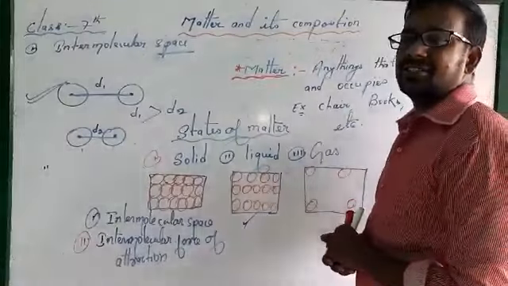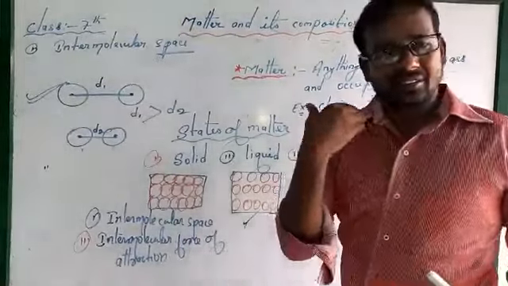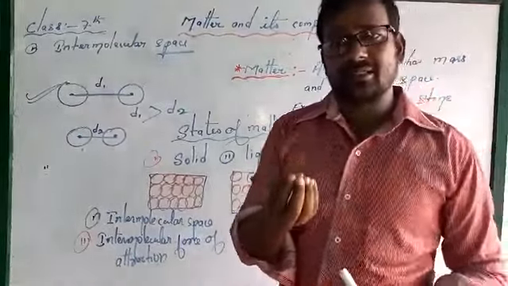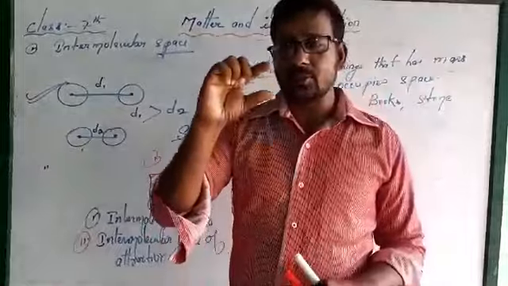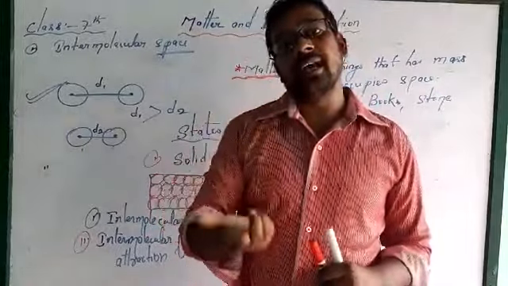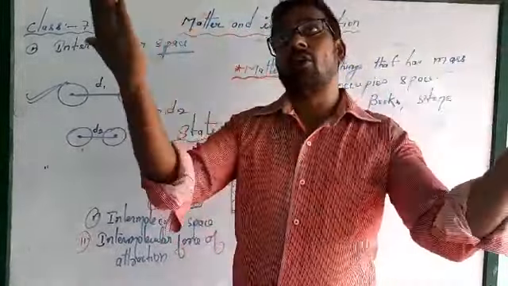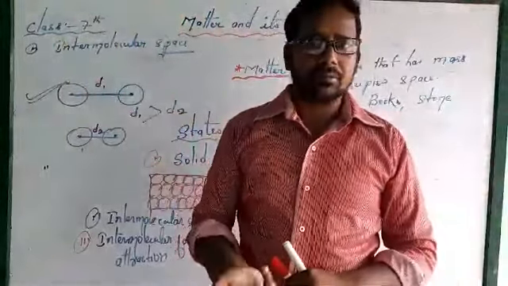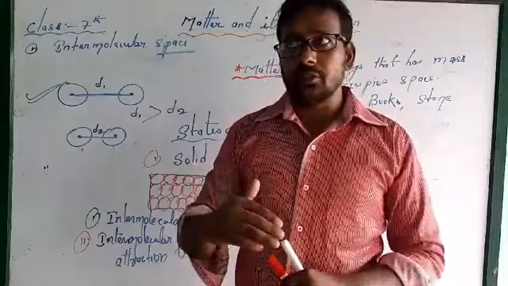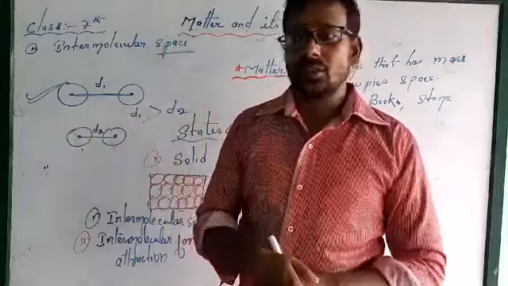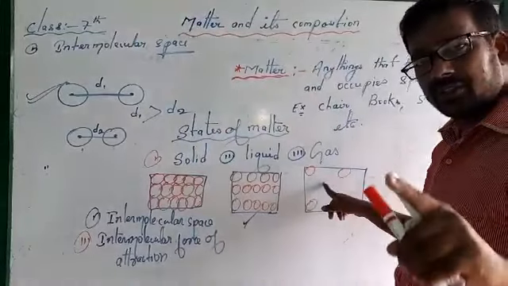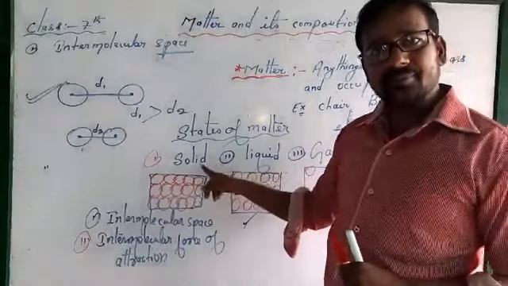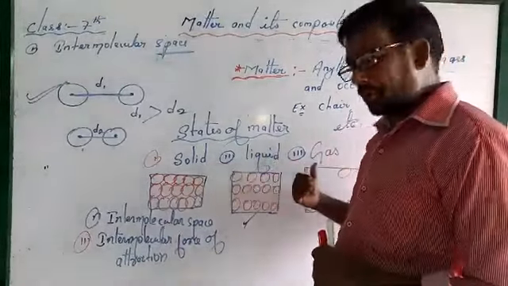And gas has neither fixed shape nor fixed volume. 100 ml of gas can be compressed in a small container, and 100 ml of gas can occupy the volume of your whole room. So it changes according to the volume of the container. Solid is rigid, and the others are not rigid.